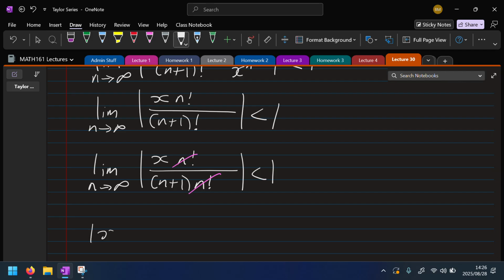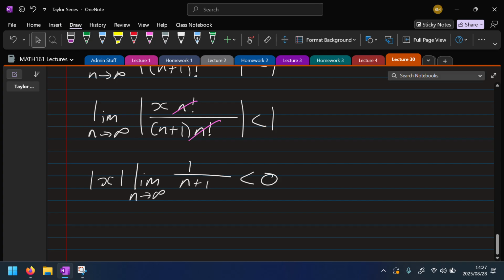Remember, we need to keep the absolute value on x. We don't know if it's positive or negative, so when you take it out of the absolute value, you need to keep the absolute value there. Limit as n goes to infinity, 1 over n plus 1. Here we can drop the absolute value because we know that's always positive. Or you can keep it there. That's fine as well.